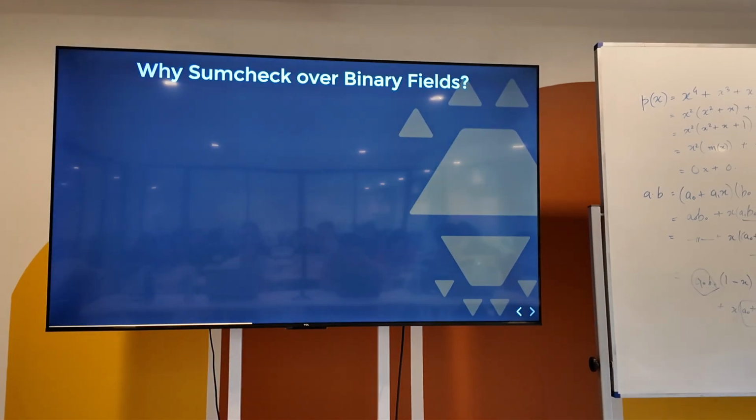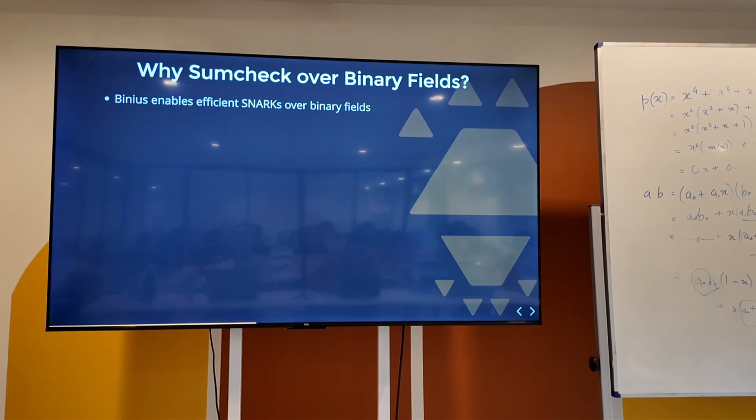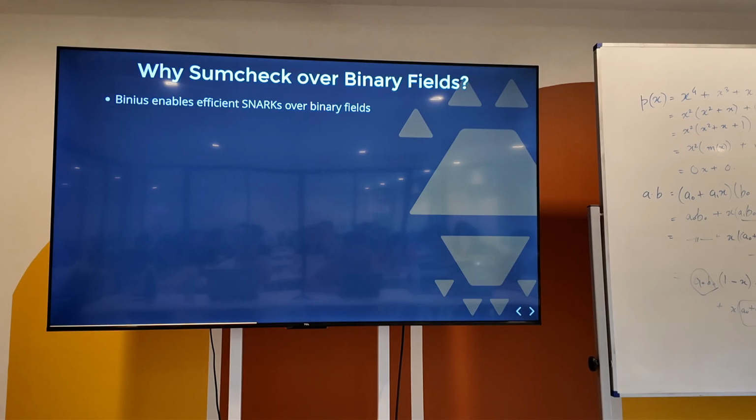Okay, why do we care about everything we just discussed, that extension field multiplications are very expensive? The reason we care is that there's a new SNARK called Binius that basically says we'll ditch traditional fields like BN254 and BLS and so on.